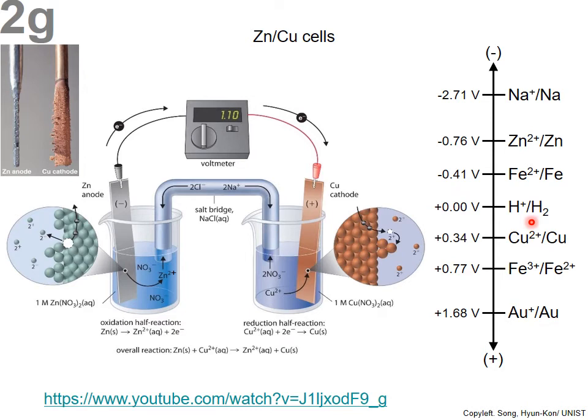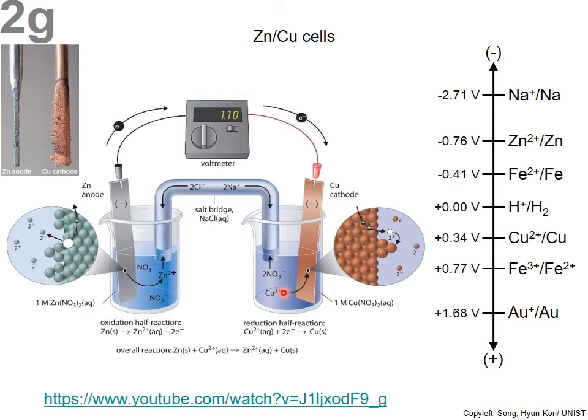Electrons are generated from the zinc anode, and at the same time zinc is dissolved into zinc 2+. Electrons go through the metal wire and finally reach the copper electrode. Then the copper 2+ ions in electrolyte are reduced into copper metal, which is electrodeposited onto the copper electrode.